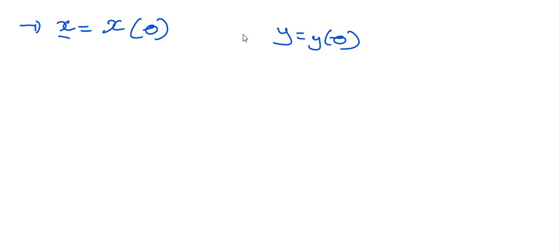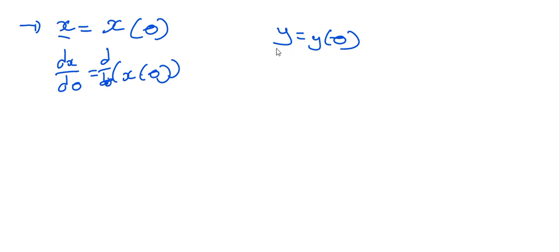So parametric works like this. If we have a function of x, we are going to differentiate the equation of x in terms of theta: dx over dtheta equals d over dtheta of x of theta.